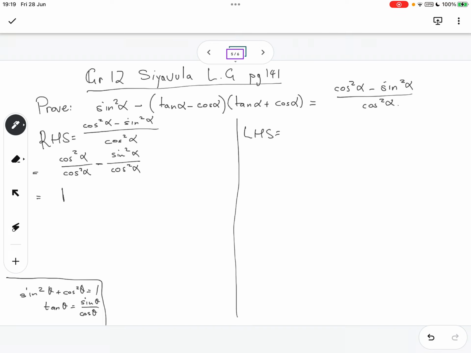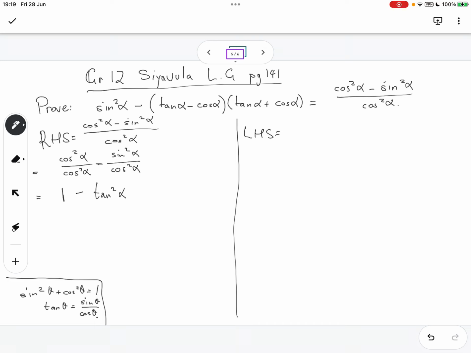This gives us 1 because it's something divided by itself. And here we'll have tan is sine over cos, so we'll have tan squared alpha.